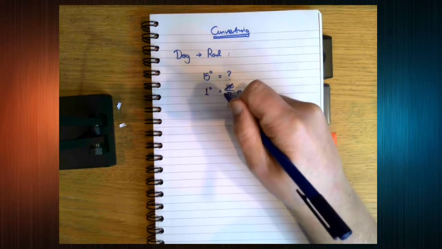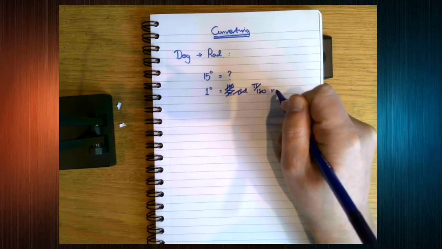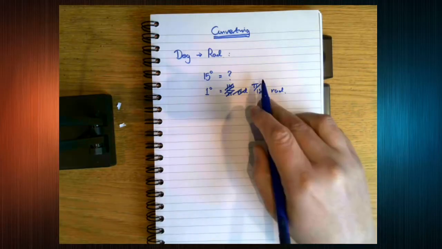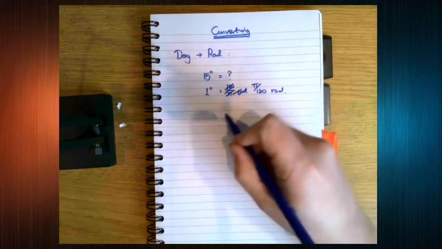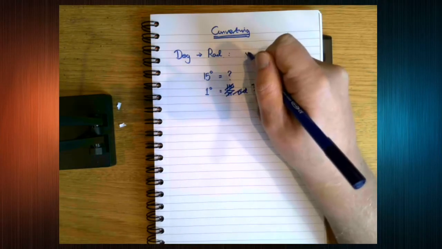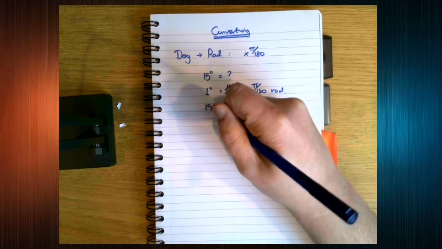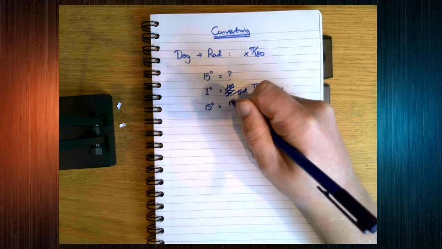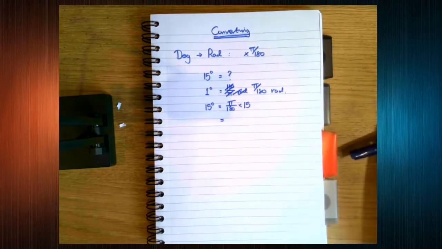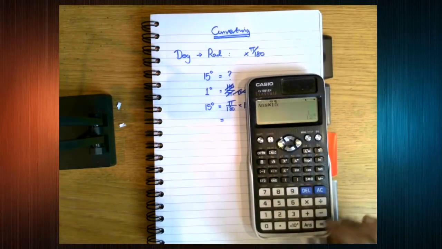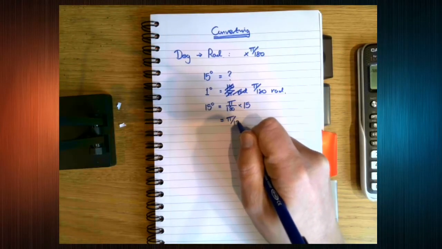Sorry, that's not right. It's pi over 180. There we go, that makes more sense. This is a very small number. So to get 15, we times by 15, which gives us pi over 12 radians.